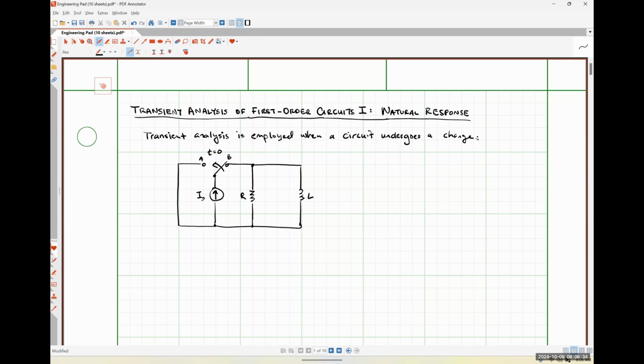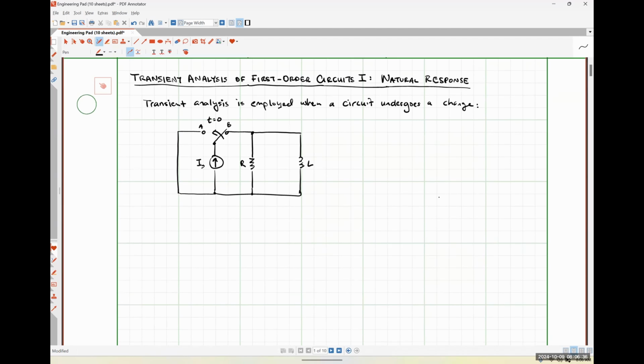Okay. So let's talk our way through some things here. So if we were to look at this circuit, so at t is less than or equal to 0 minus.